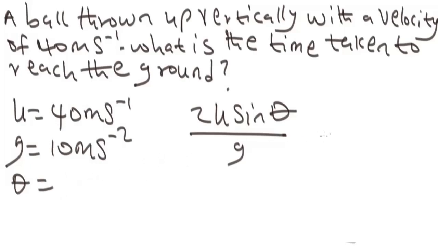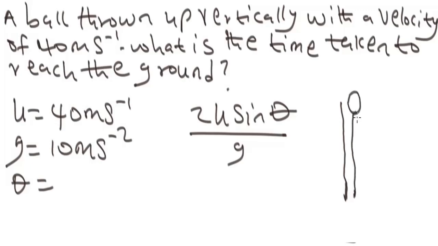The theta will be 90. Let me show you. Let's say somebody is standing beside this wall and throws an object according to this question. The person throws the ball vertically. Let's say the ball goes up like this.